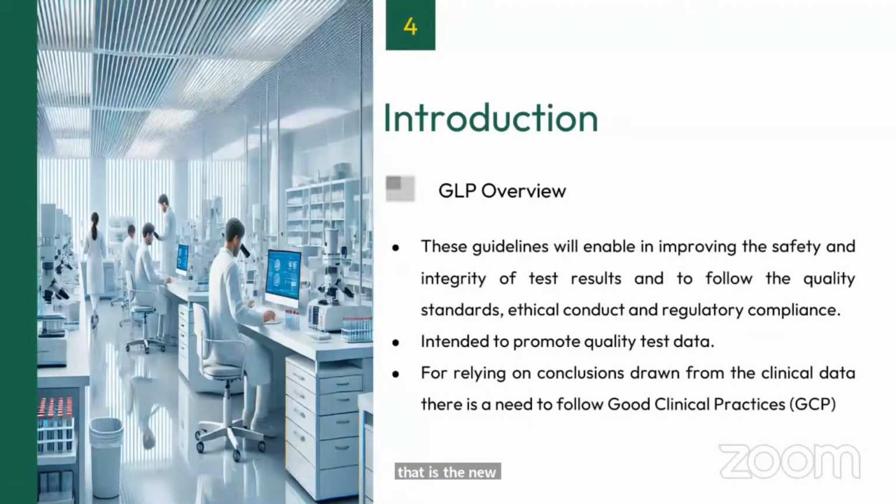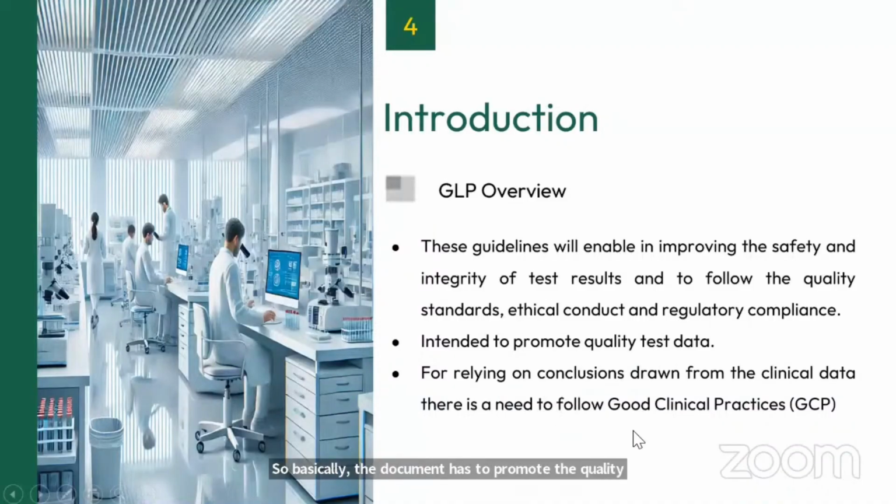Now, these guidelines will help you to improve the safety and integrity of the test results. Whatever results we are producing in our laboratory, to make them more reliable, more reproducible, or more accurate, these guidelines are going to help you, considering quality standards, ethical conduct, and regulatory requirements. Basically, this document helps to promote quality test data produced from your laboratory.